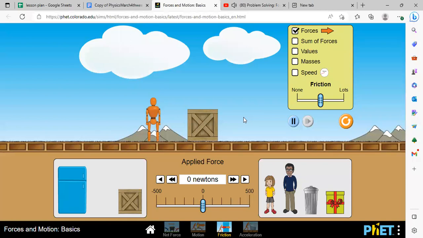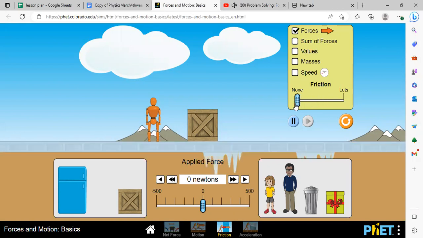Okay, so an object tends to stay at rest or in motion unless acted upon by an external force. So let's put the friction to 0. Okay, so this object has mass.